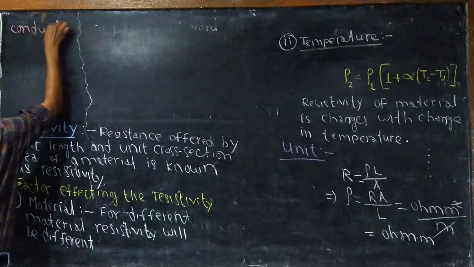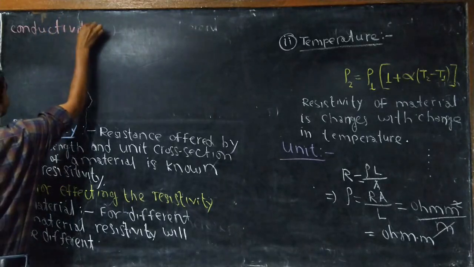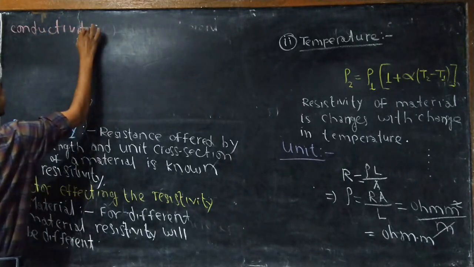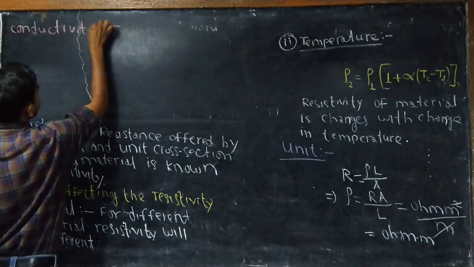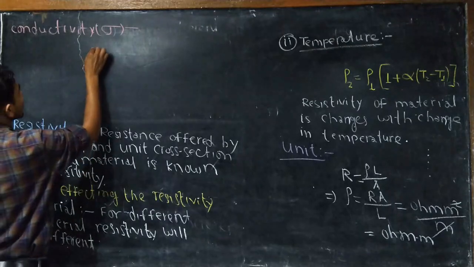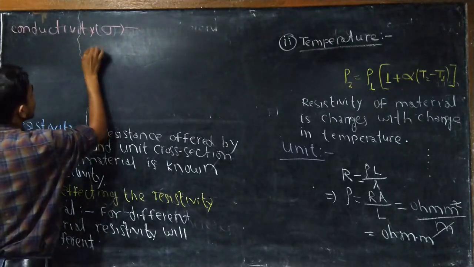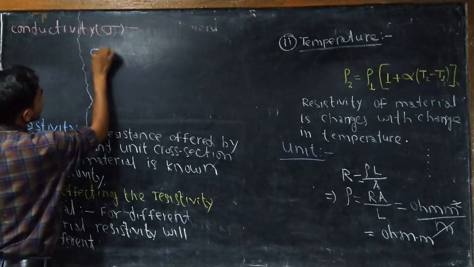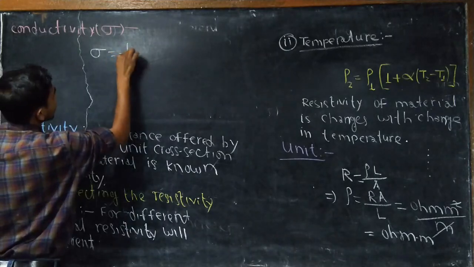Conductivity is represented by sigma, and this sigma is equal to 1 by rho.